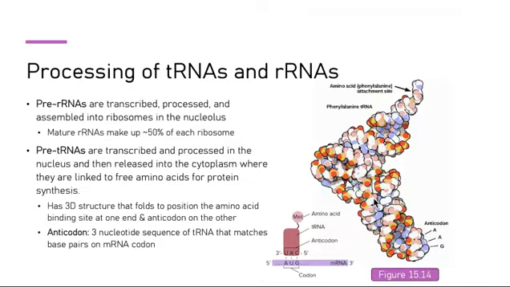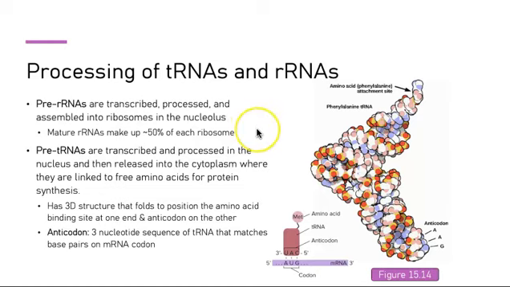Now, we also said that within this processing phase, we also need to process our tRNAs and rRNAs. Our pre-rRNAs are going to be transcribed, processed, and assembled into ribosomes in the nucleolus. Remember, that is the structure that we find within the nucleus.